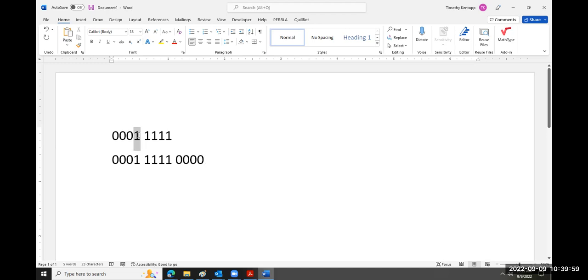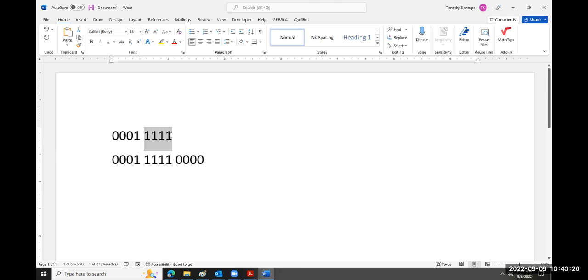Okay, so this 1 comes off this left side and it has to become a new nibble. Does everybody get that? Remember I said that if you shift like 4 or more places, you're getting into new nibbles? All right, so that's what this is right here. It's actually the start of a new nibble.